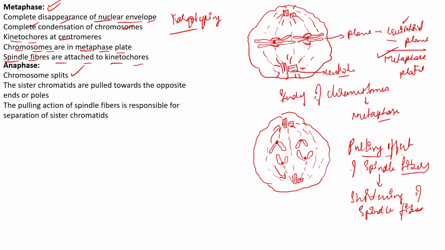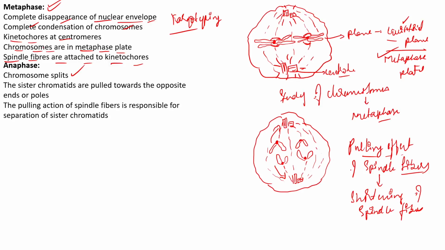As soon as the spindle fibers establish contact with the kinetochore of the chromosome, the spindle fibers start to shorten in length. The shortening of the spindle fibers results in the pulling effect, and the pulling effect finally results in the splitting of the chromosomes.